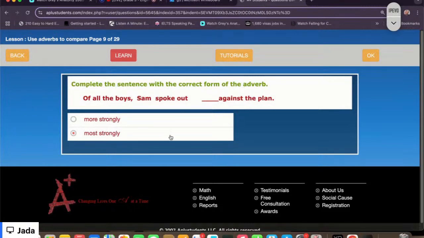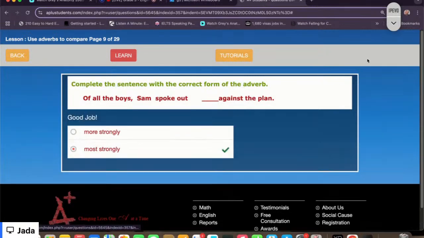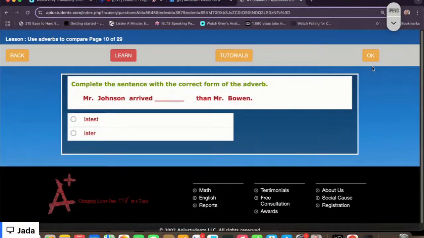Okay, so we have what? Spoke out most strongly against the plan. Mr. Johnson arrived dash than Mr. Bowen. Latest or later?